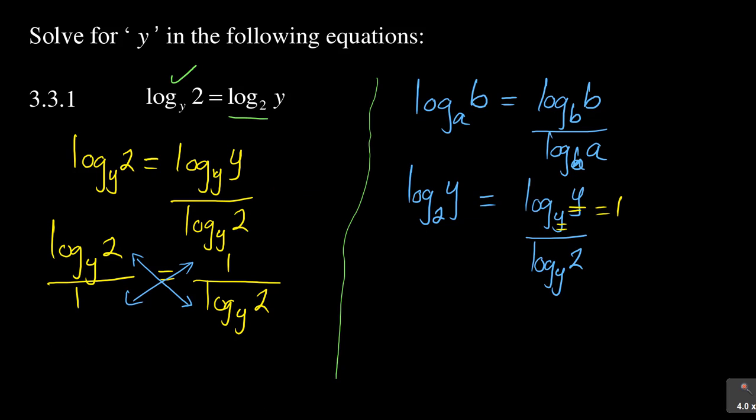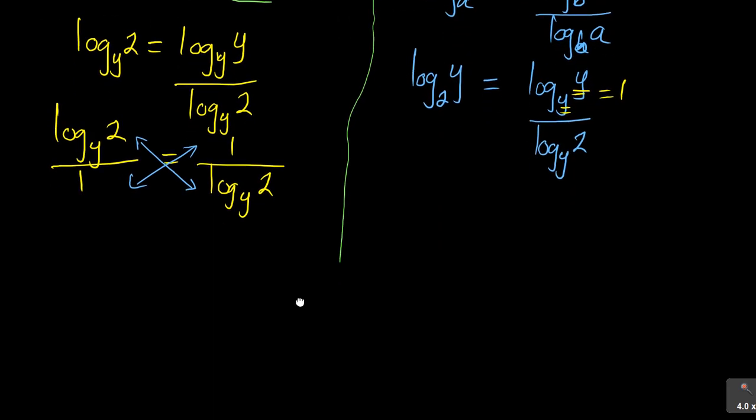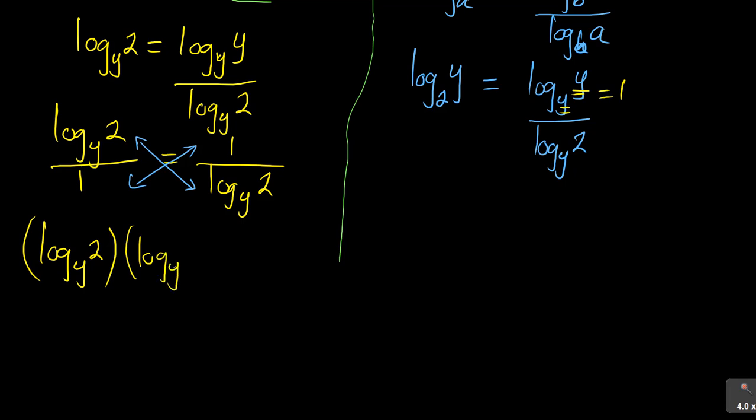Anyway, it was going to work. So in this case I used the method of cross multiplying, which means log base y of 2 will multiply another log base y of 2, and it will give me 1 times 1. So basically that is what is happening.